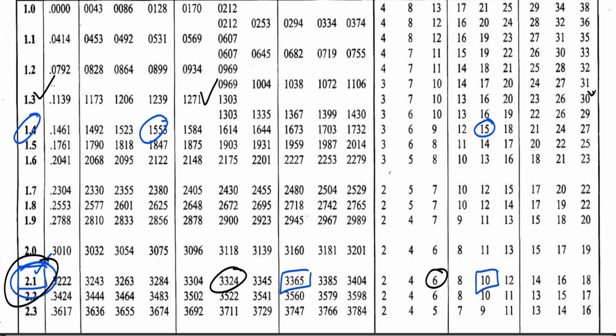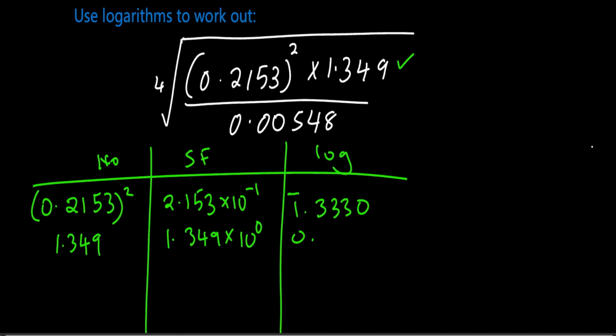So add 30. 1271 add 30 is going to give you 1301. So 0.1301. So that's multiplication.